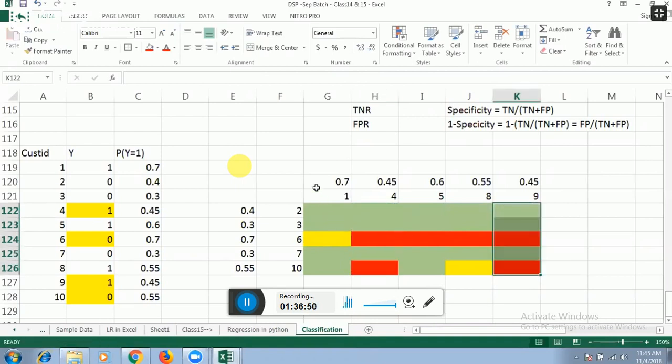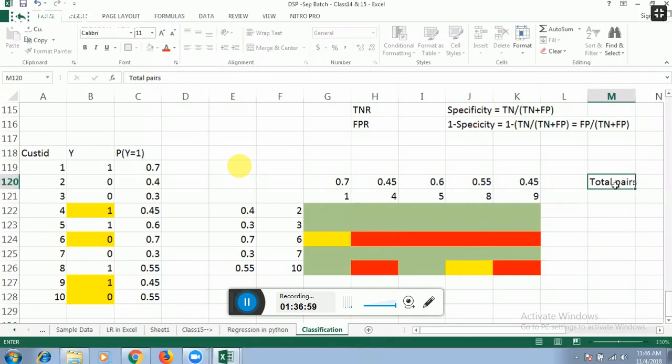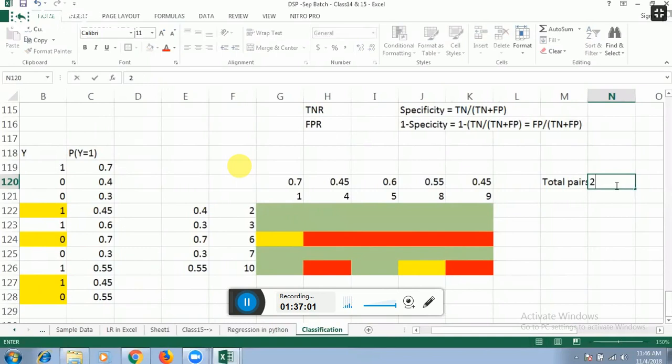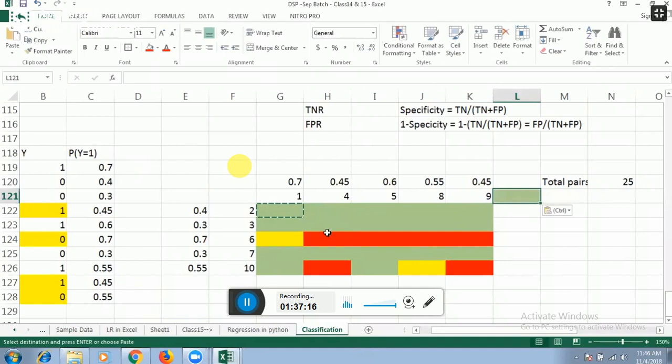So if I compare, how many comparisons are you doing? Total pairs: 5 ones and 5 zeros, so 25 comparisons. Out of that, how many pairs satisfy the criteria? These are the yellow and red ones.